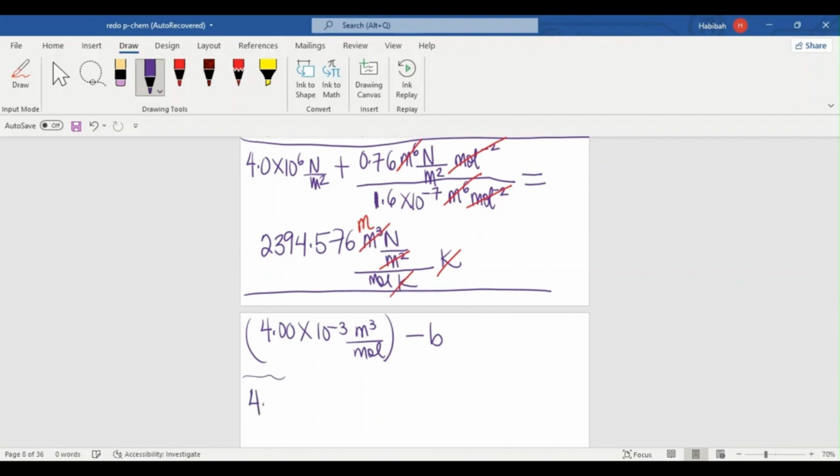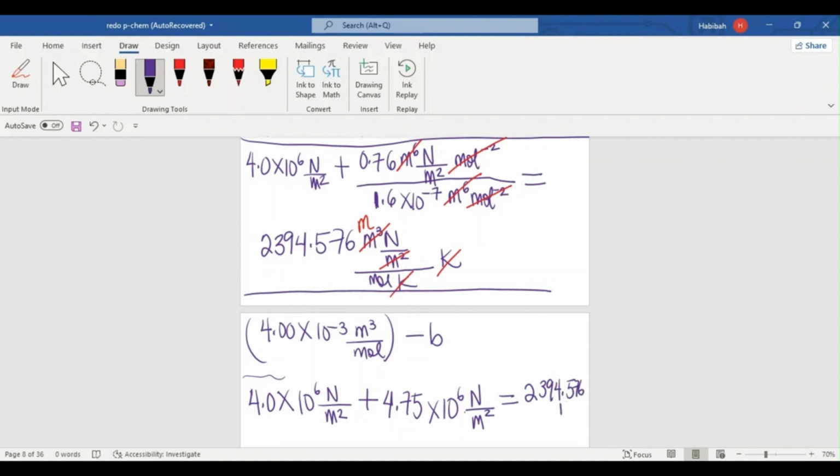So this is the next one. You have 4.0 times 10 to the power of 6 Newton per meter squared plus 0.76 divided by 1.6 times 10 to the power of negative 7. When you input 0.76 divided by 1.6 times 10 to the power of negative 7 in your calculator, what you end up with is 4.75 times 10 raised to the power of 6 Newton per meter squared, equal to 2394.576 Newton meter per mole.